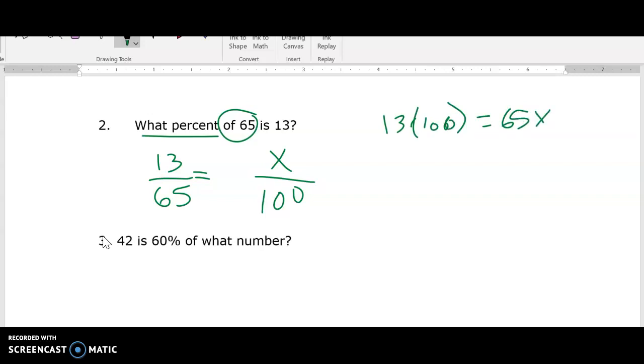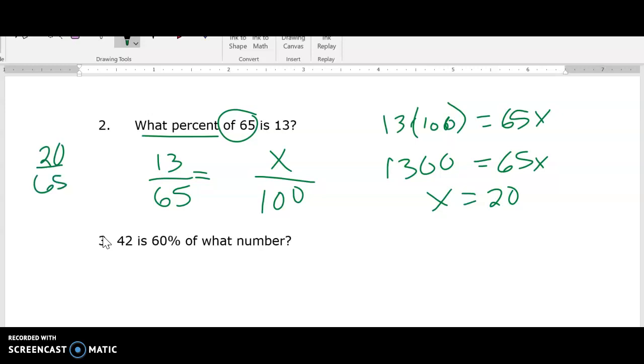Then we have 1300 equals 65x, divide both sides by 65, and x equals 20. Oh sorry, that is not right. If you simplify 13 over 65, it's the same fraction as 20 over 100.